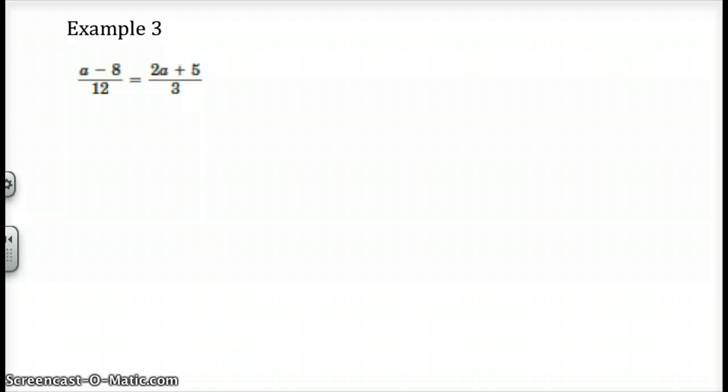Next example here. We're starting with fractions. I hate fractions, so let's get rid of the fractions. What's the best way to do this? Is to cross multiply here. So the first thing we're going to do here is we want to cross multiply.